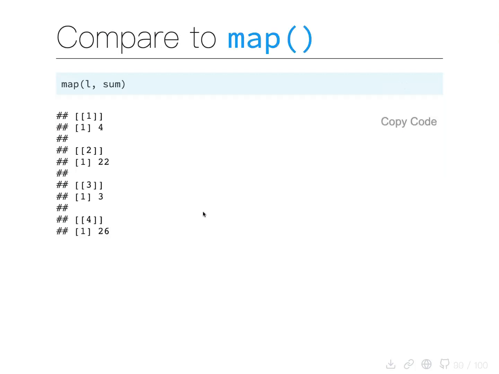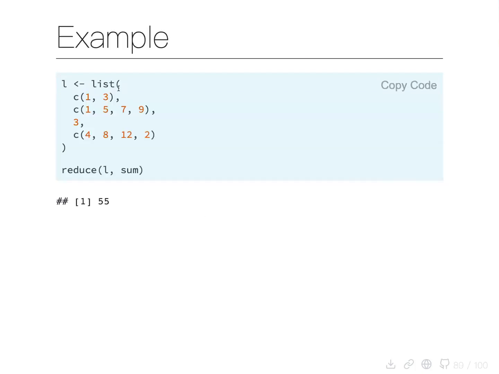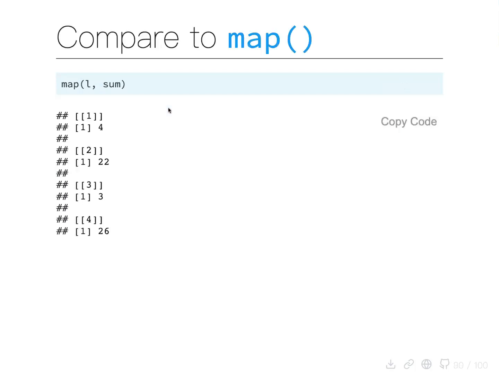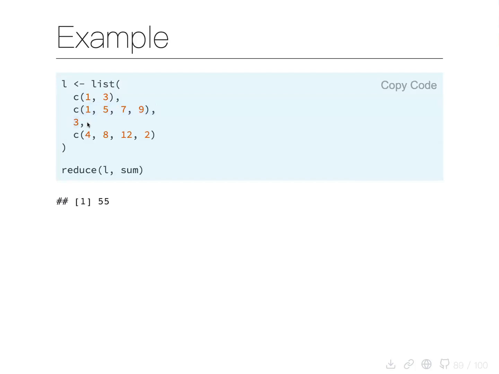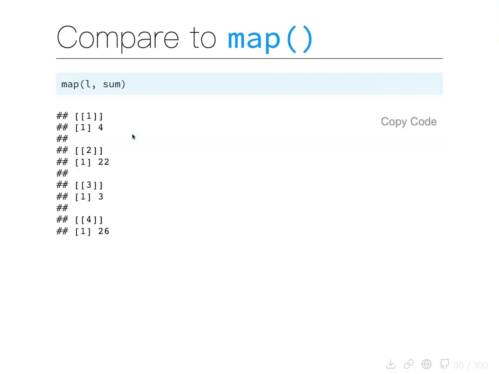Okay. So this is equivalent. Well, hang on first. If I do the same thing with map, you will see each element is summed, right? So I get the sum of this one, 4, and then the sum of this one, whatever that is, 22, and then the sum of this one, 3, and then the sum of this one.